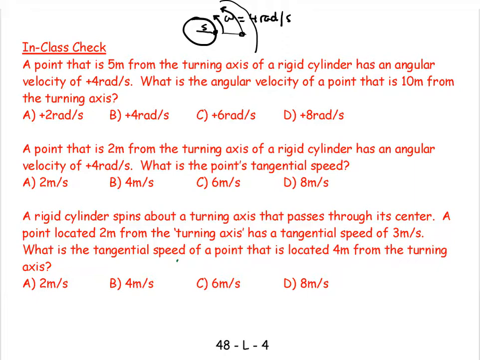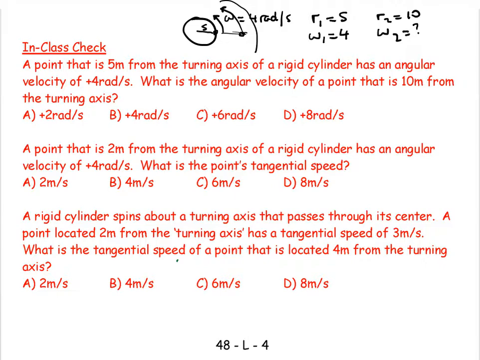And what we can say is, let's make a list. R1 is equal to 5 and R2 is equal to 10 and omega 1 is equal to 4 and omega 2 is equal to, I don't know. Oh, hold on.